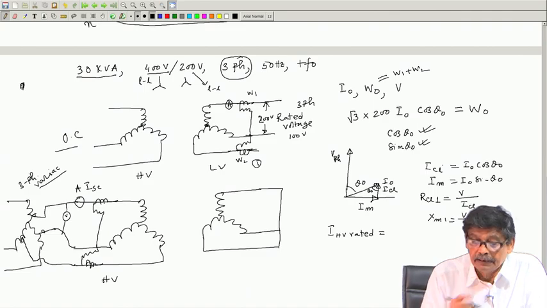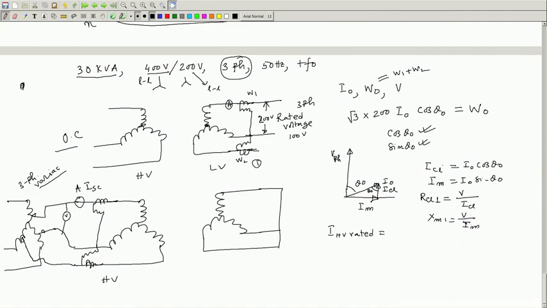It will be 30,000 kVA by root 3 into 400, approximately how much will it come? 43 ampere, say 43 ampere.